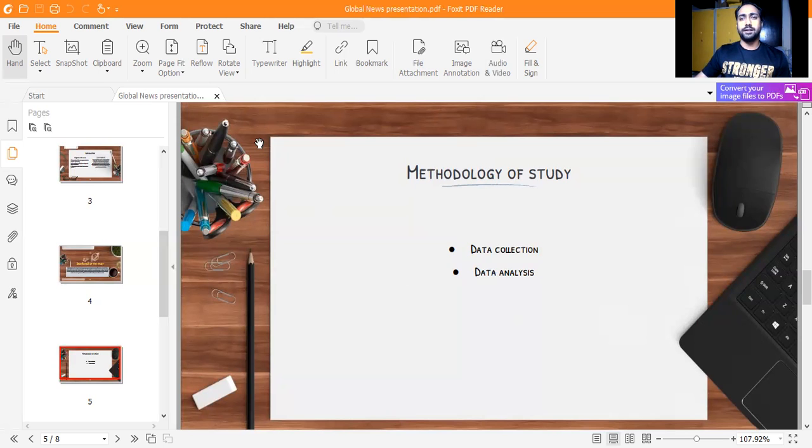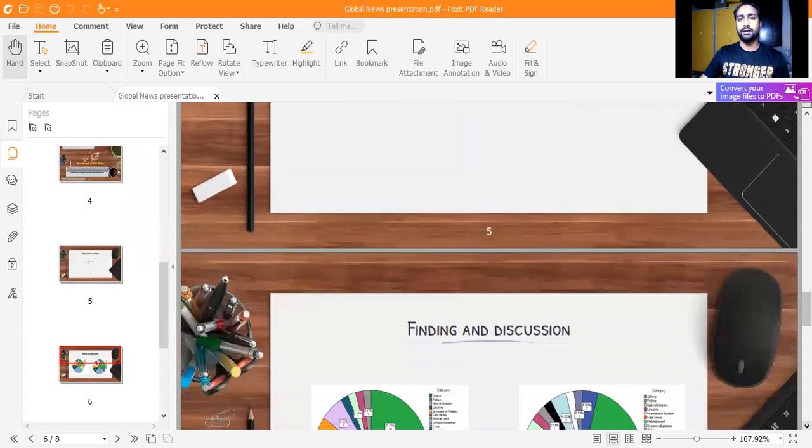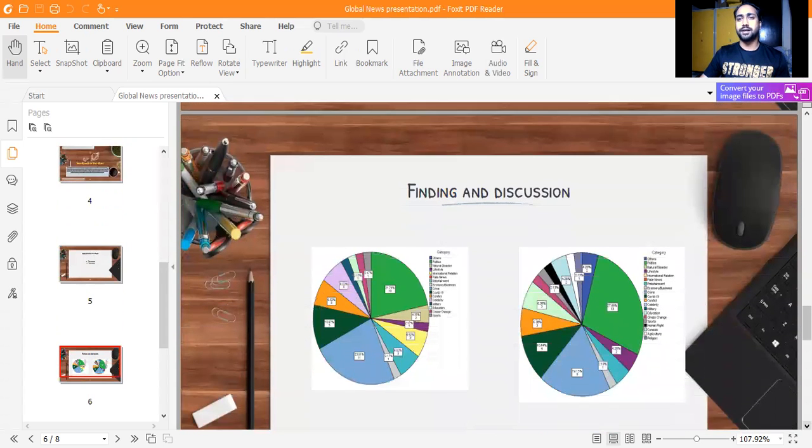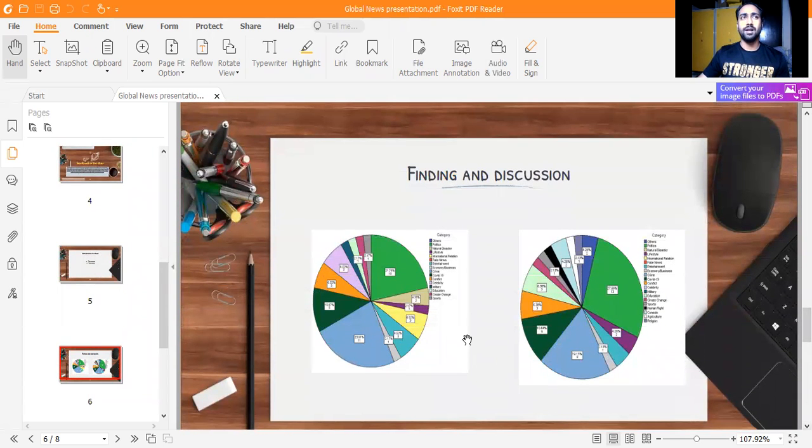The next slide is the findings and discussions. This section basically shows the above-mentioned pie charts of the categories of news published in the data collected in assignments 1 and 2.